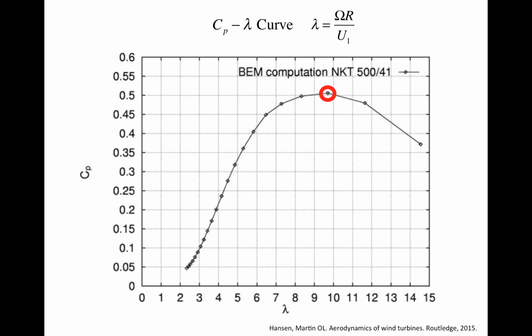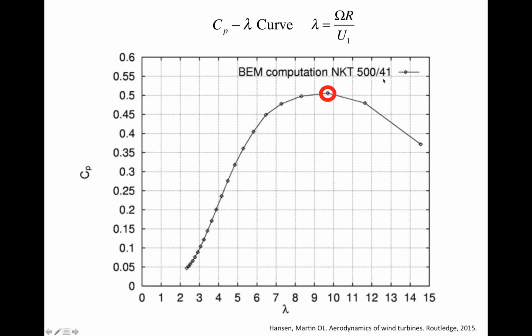Another type of curve the BEM theory allows us to compute is the so-called Cp-lambda curve, where Cp is the power coefficient and lambda is the tip speed ratio. And here's an example of the Cp-lambda curve for a specific type of wind turbine, which is NKT 500/41, and it's computed using the BEM theory.